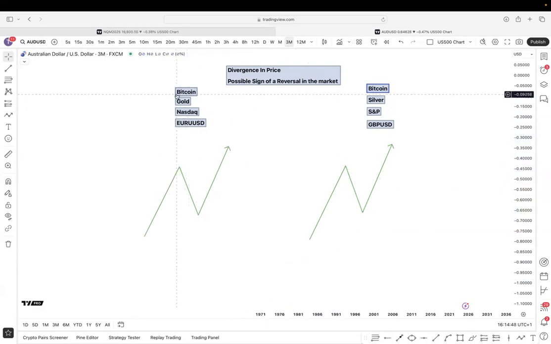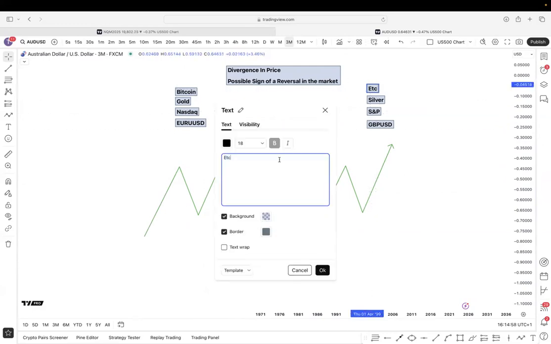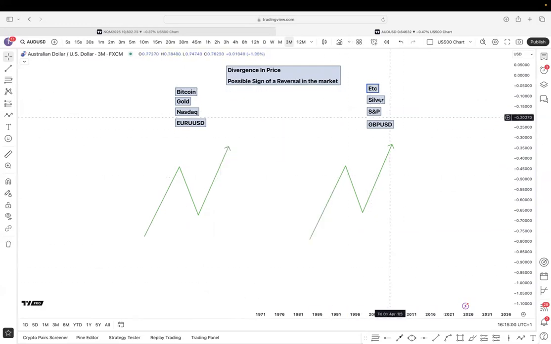And if you're looking at all of these charts here, Bitcoin, gold, NASDAQ, Euro USD, you also want to be considering the correlation between certain pairs, such as Ethereum to Bitcoin, silver to gold, S&P to NASDAQ, Pound USD to Euro USD as well.